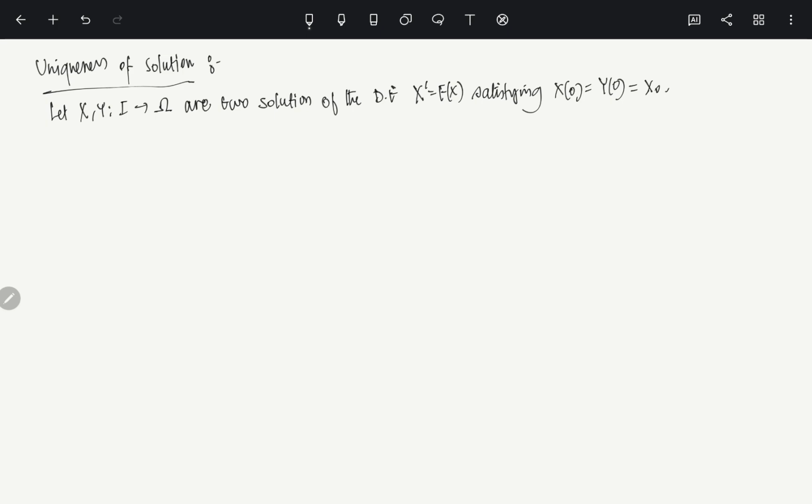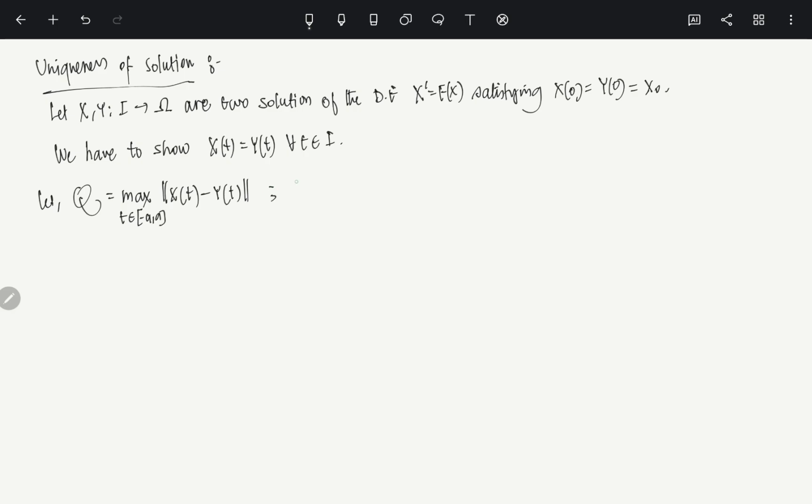Okay, now you see I have to show that x is equal to y, right? So we have to show x of t equals y of t for all t in I. So let q be nothing but the maximum of the norm of x(t) minus y(t), where t is varying between minus a to a.